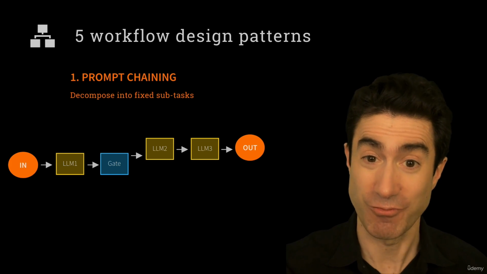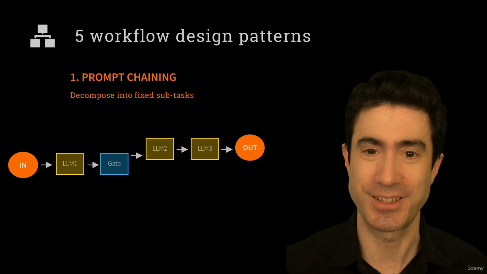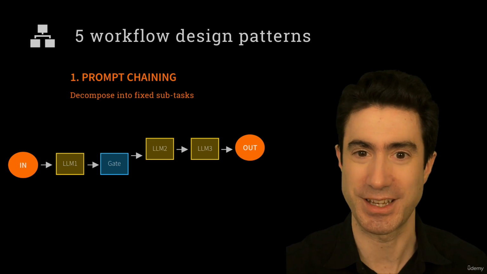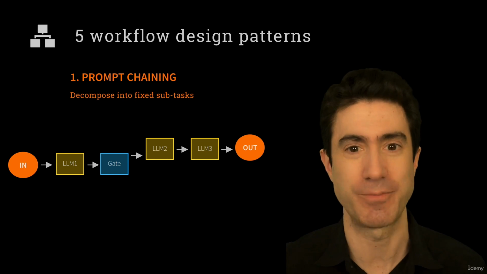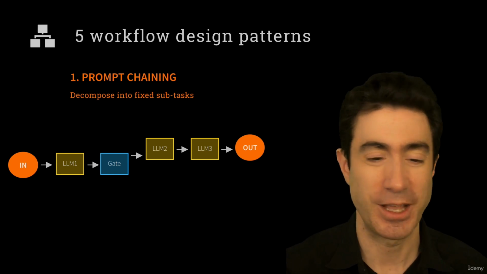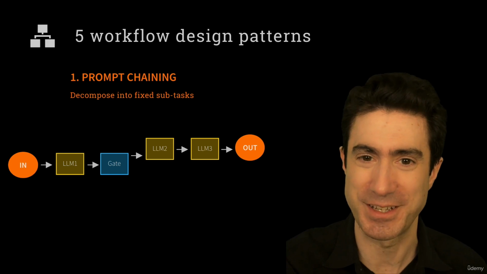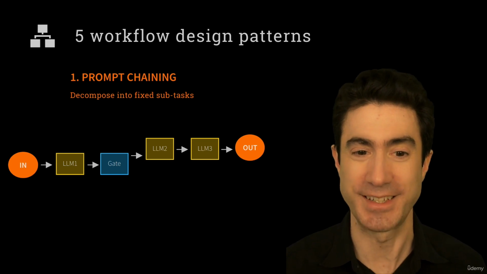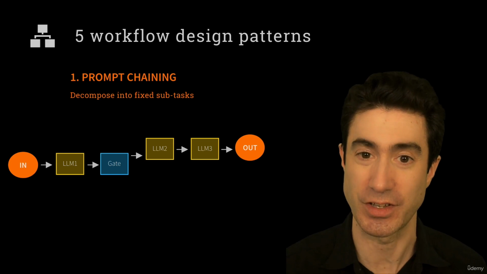And actually, this is really similar to what you just did. This is similar to that commercial question when we ask an LLM first, pick a sector, and then given that sector, pick a pain point, and then pick a solution. And obviously it doesn't need to be three LLMs, it can be as many as you want. But this is the idea: you are chaining a series of LLM calls, decomposing into a fixed set of subtasks.